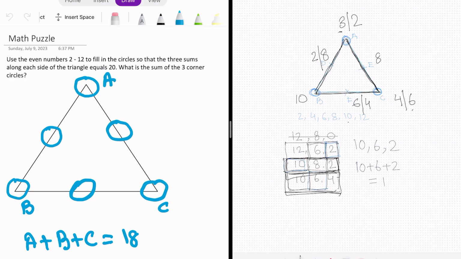In that case, this will be 6. Or it can be 2 and 4, which is 6. In that case, this will be 14. Or 2 and 6, which is 8. In that case, it will be 12.